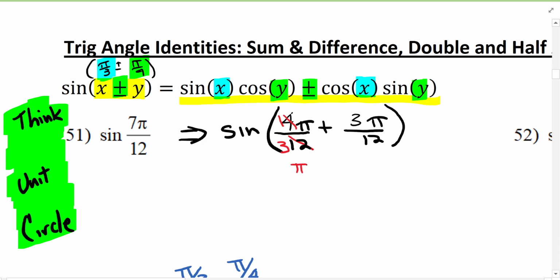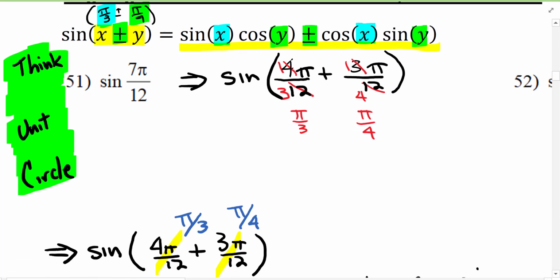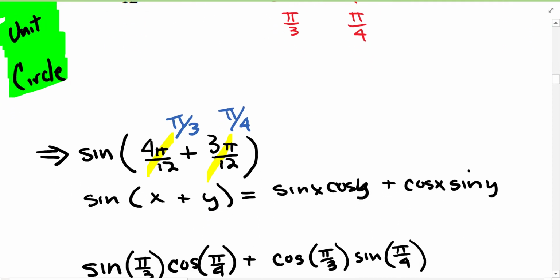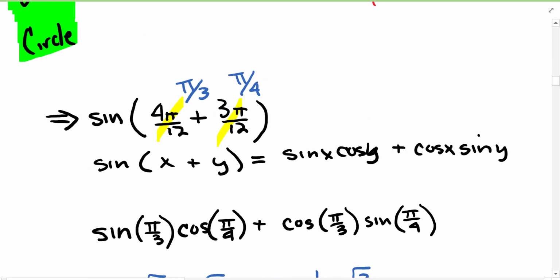So now we have, oh, look at pi thirds. And then 3 cancels to 1, 12 cancels to 4. Oh, look at pi fourths. So now we have sine of pi thirds plus pi fourths, and we can plug it into this where we're going to take sine of pi thirds times cosine of pi fourths plus cosine of pi thirds times sine of pi fourths. So that's what we're going to do here.